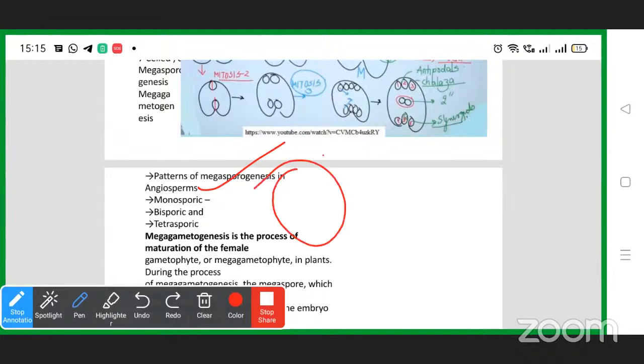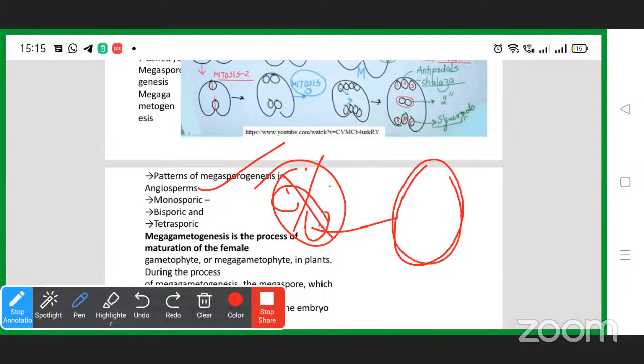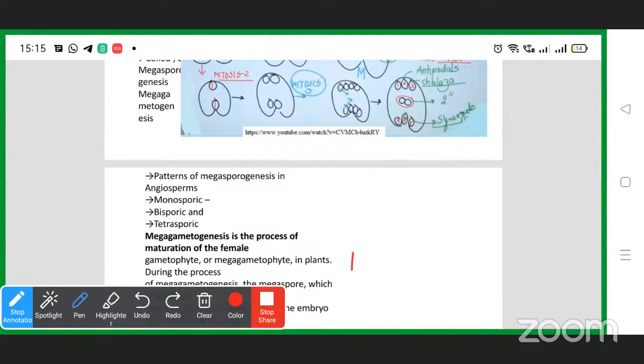After the meiosis of the 4, if 2 megaspores take part in the formation of the embryo sac, that is bisporic. If all 4 spores take part in the development of the embryo sac, that is tetrasporic. These are the 3 types of megasporogenesis that happen in the angiosperms.